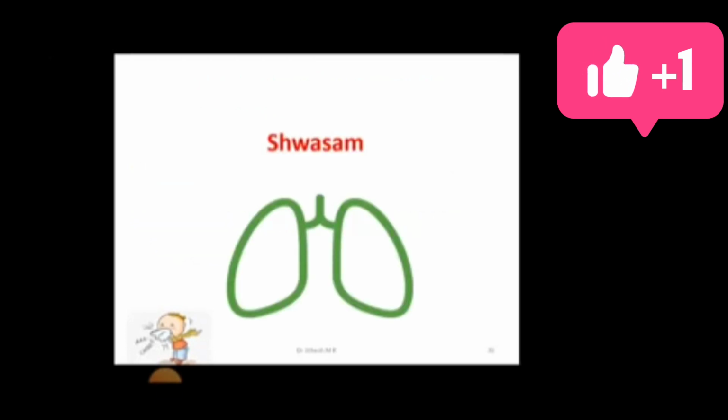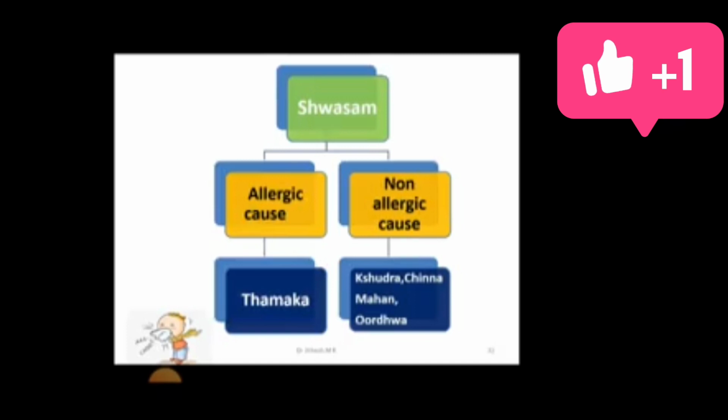Now we will come to the Swasa. The yogas we will explain later. In the practical aspect, we have to consider only two aspects: the Swasa produced due to allergic cause and the Swasa produced due to non-allergic cause.